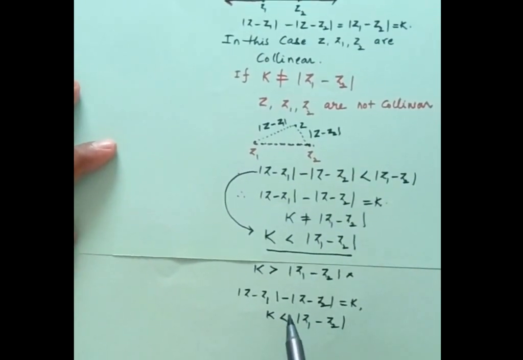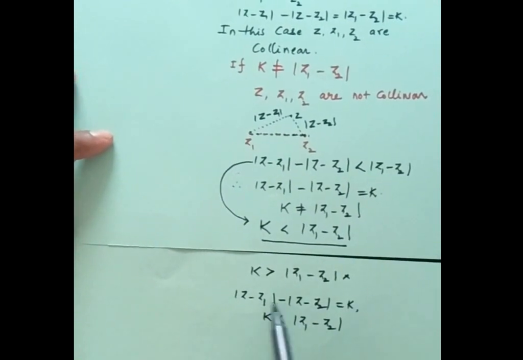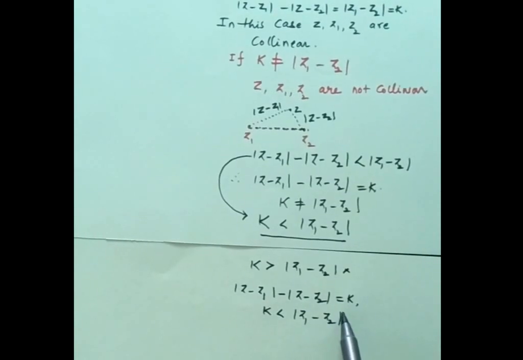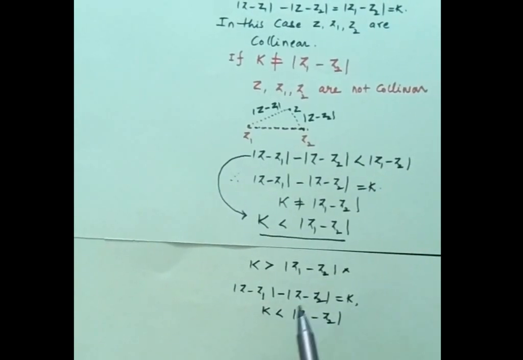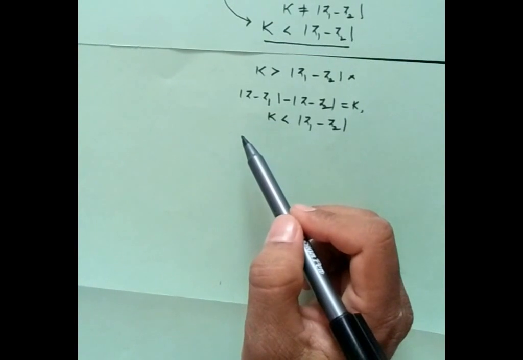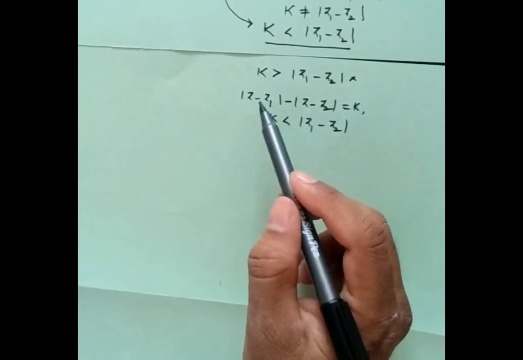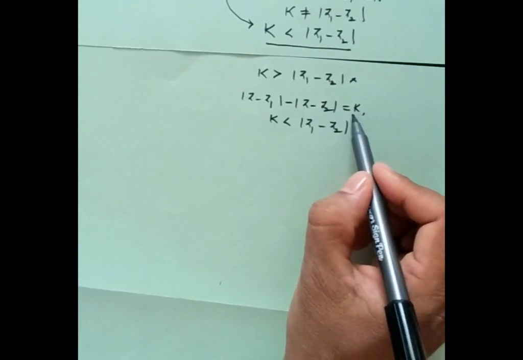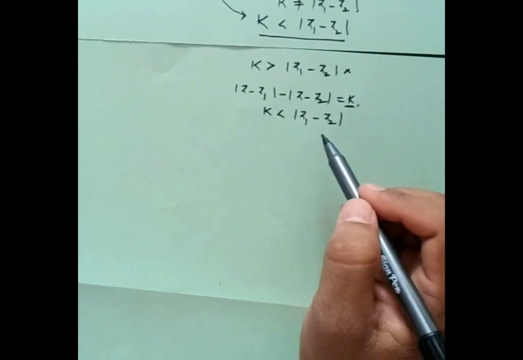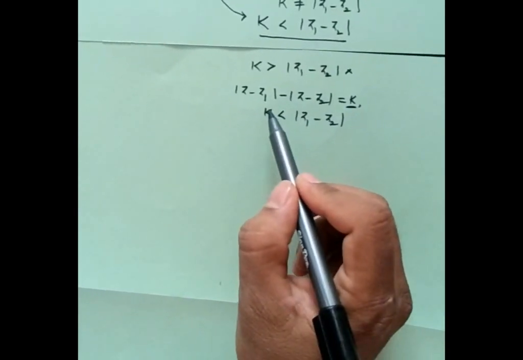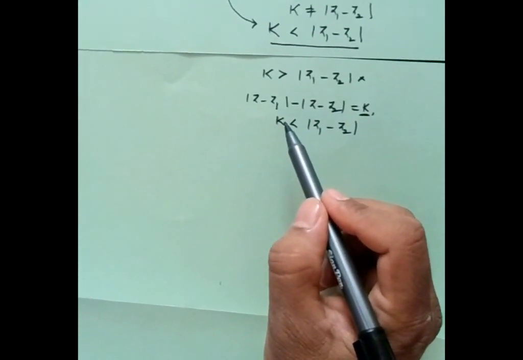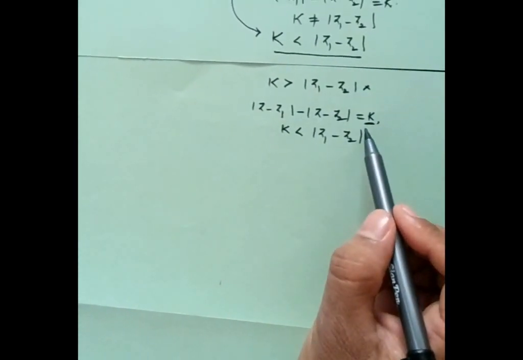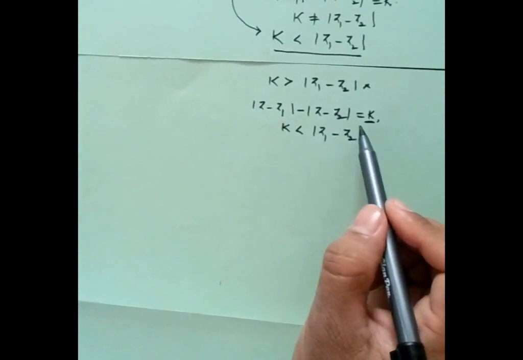If I speak this mathematical condition in words: the locus of z such that the difference of the distances from two fixed points z1, z2 is a fixed value k. So the difference of the distances from a variable point to two fixed points is always a fixed value. This is the property we have in a hyperbola.